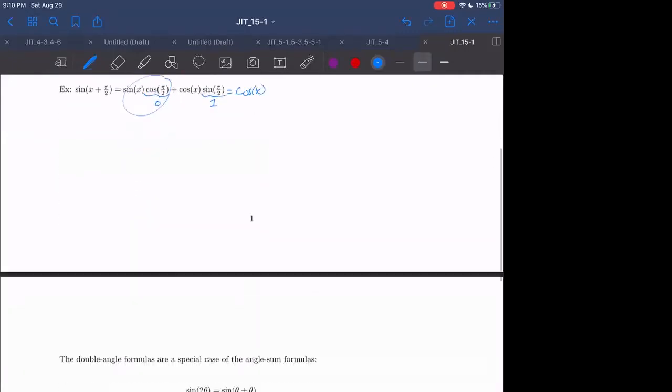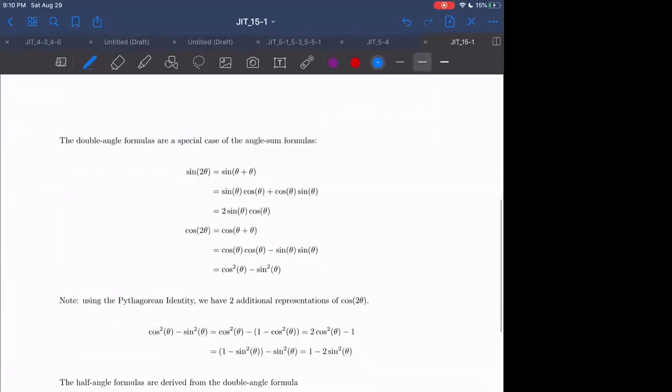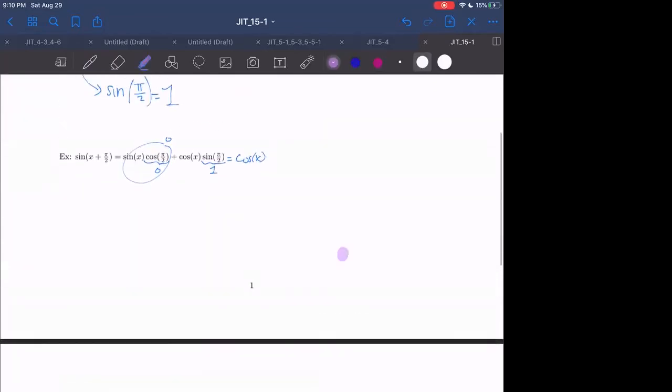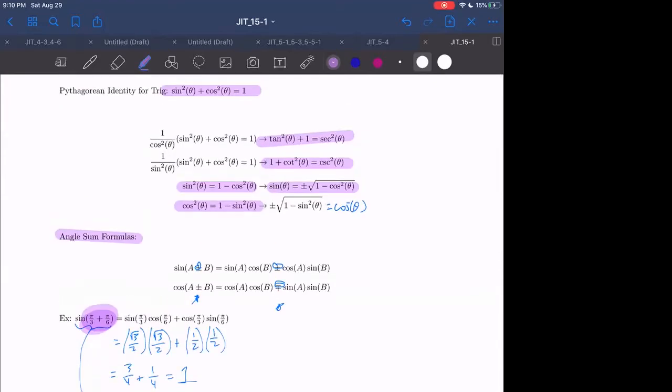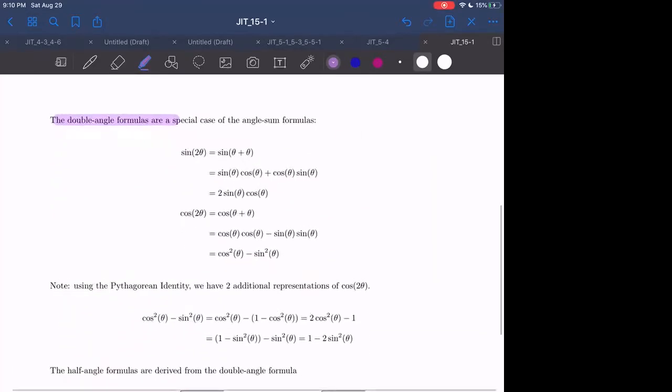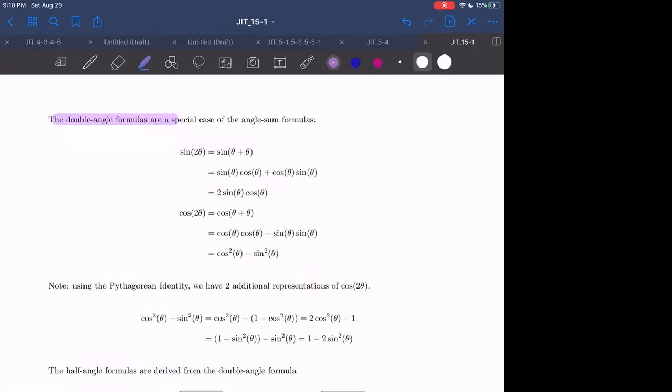All right. So then we also have our double angle formulas. Our double angle formulas are a special case of our angle sum formulas. Instead of having two different values that we're adding together, the double angle formulas are when we have the same value added twice.